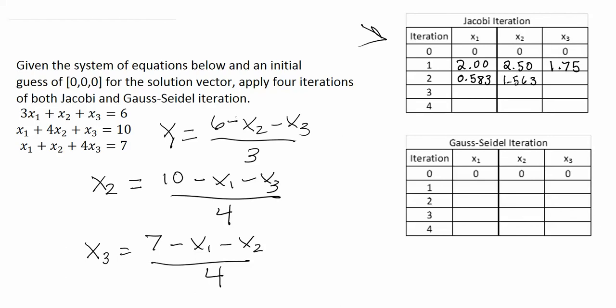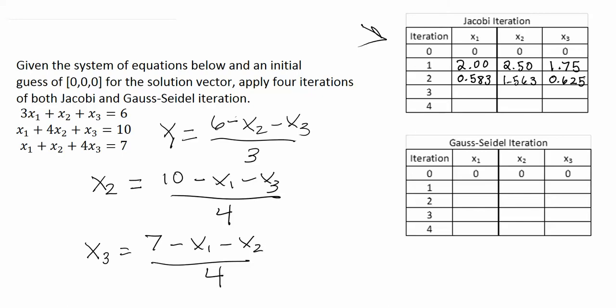I'll stop it at 3 decimals just because of the space limitation. Then we apply equation 3, so we have 7 minus 2 minus 2.5 all divided by 4 to get 0.625. We have our second iteration complete. Now we go on to iteration 3.